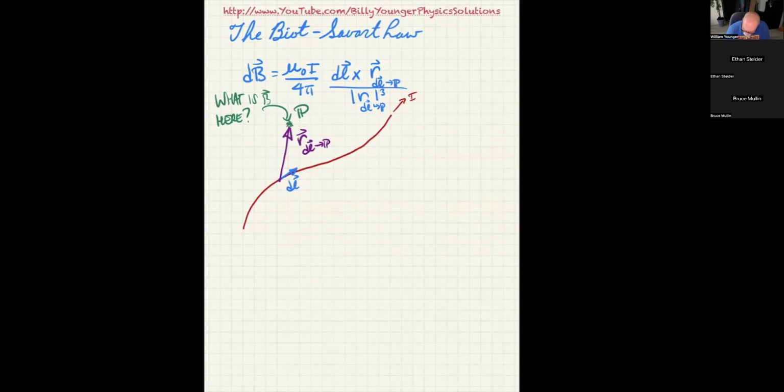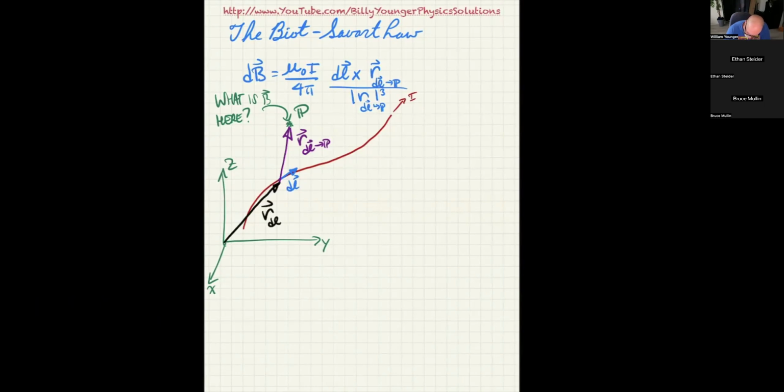So that's the R dl to P vector. So that's one way of writing it. What I normally do, though, is I imagine a coordinate system. That's x, that's y, that's z. And then I say, okay, well, there's a vector that points to dl, and that's called the vector R dl.